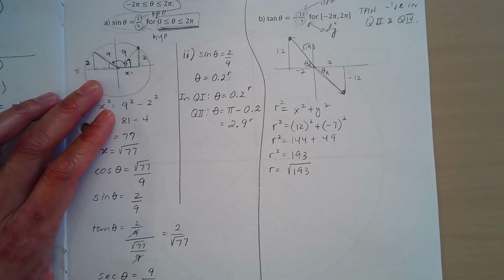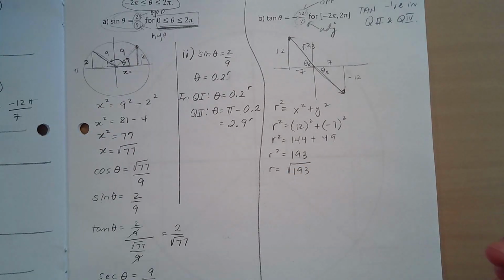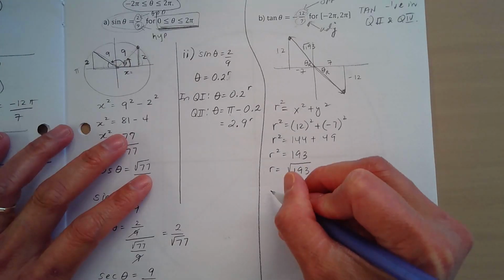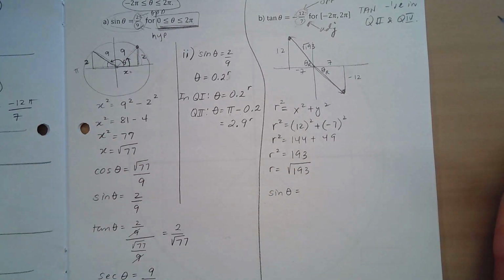Okay, so let's do the sine, cosine. So sine theta is opposite over hypotenuse.